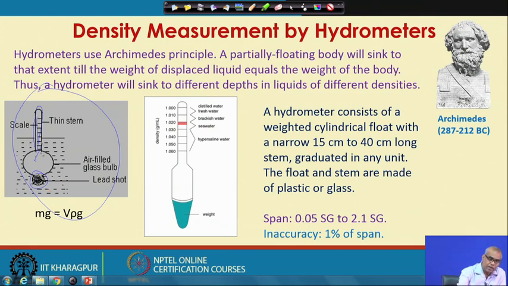So, when this hydrometer is dipped in say liquid 1, it can sink up to one particular depth, but if I now take this hydrometer and put it in some other liquid with different density, it will sink to some other depth.